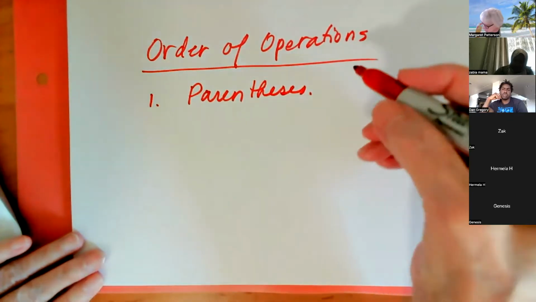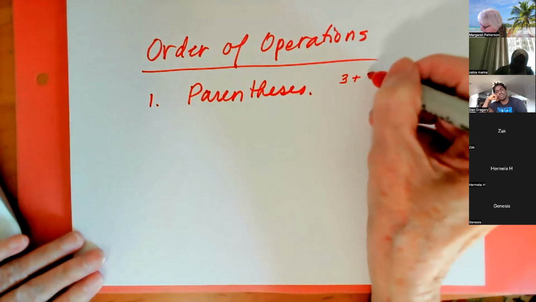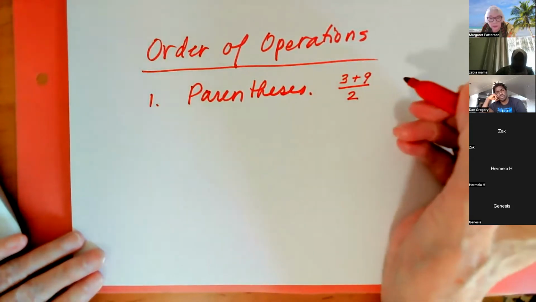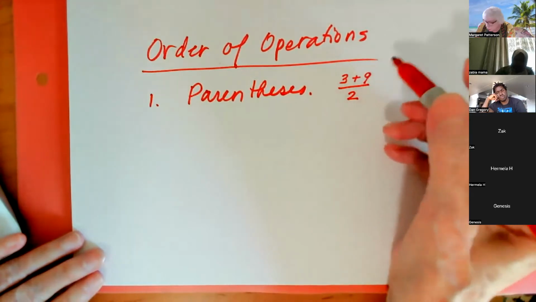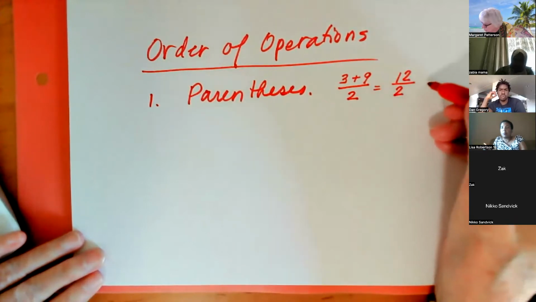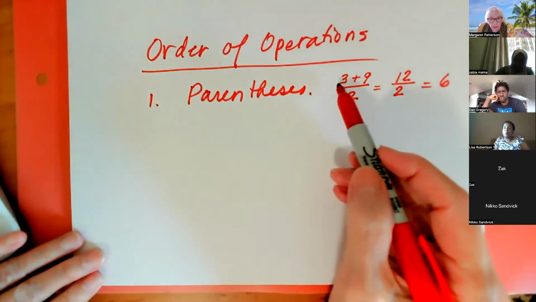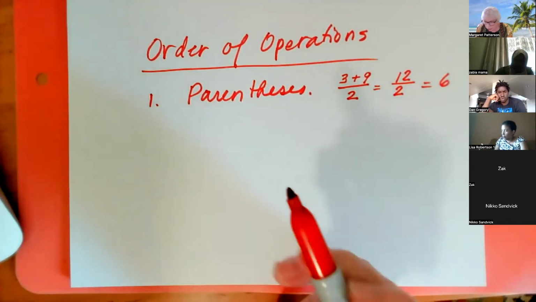For instance, if you had 3 plus 9 divided by 2, you would actually figure out the top part first, which would be 12 divided by 2, and then you would go like that. So parentheses and fraction lines are first, but I'm going to call it parentheses.